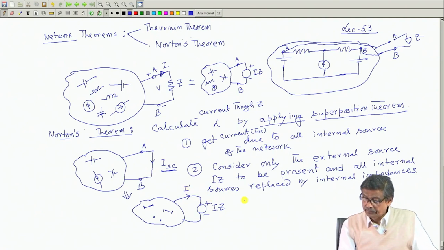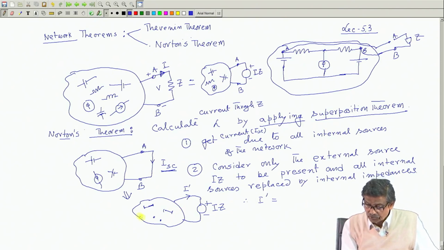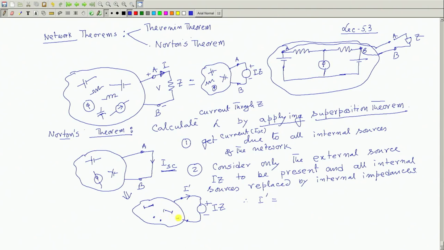I dash, say. So, I dash will be equal to, here there are no sources. So, between these 2 points some impedance will remain across AB.